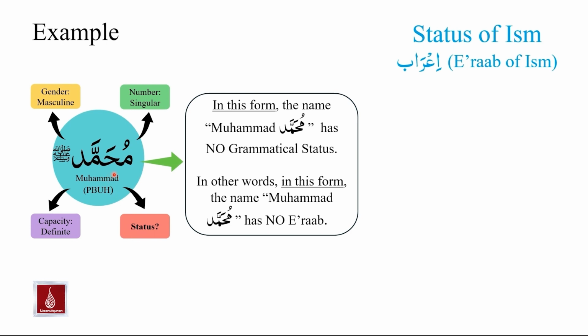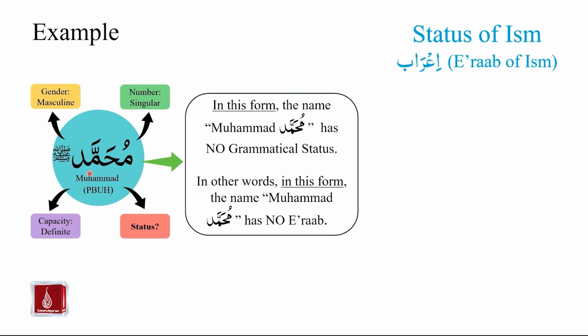In this particular form, the name Muhammad has no grammatical status. In other words, in this particular form, ism Muhammad has no i'rab. If we recall, i'rab or the status of an ism represents changes that occur at the end of the ism, or the finishing touch that is given to an ism at its end.